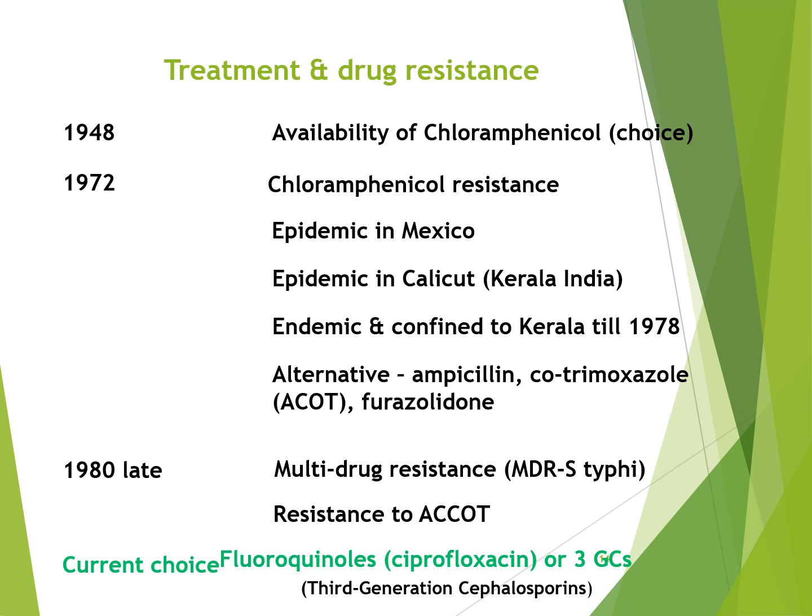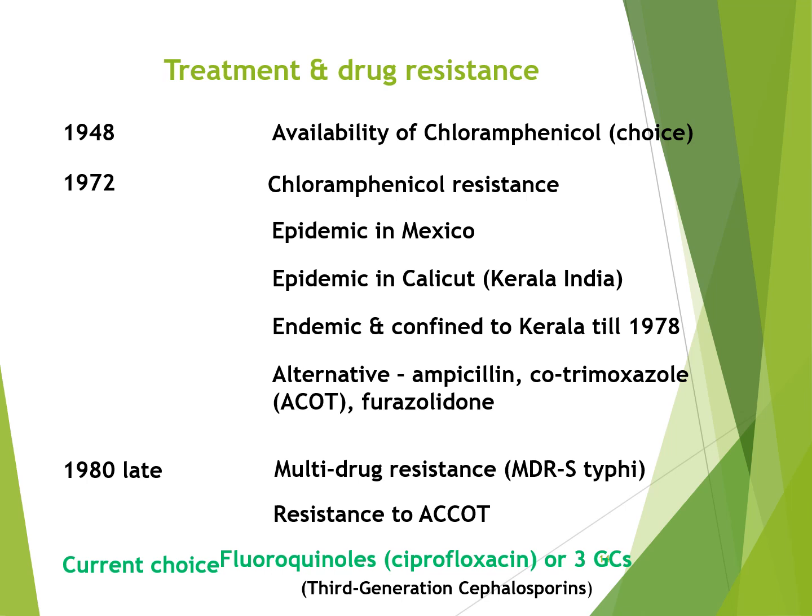Currently, for treatment of drug resistance, fluoroquinolones such as ciprofloxacin or 3GCs are used, 3GC meaning third generation cephalosporins. Previously, in 1948, chloramphenicol became available. Then in 1972 chloramphenicol resistance occurred. Then there was an epidemic in Mexico and an epidemic in Kerala, India, then an endemic confined to Kerala in 1978.